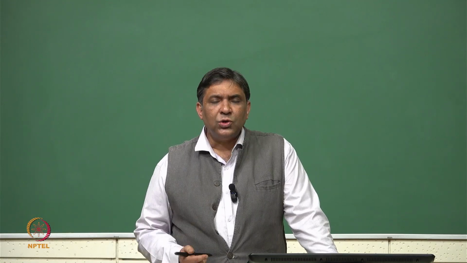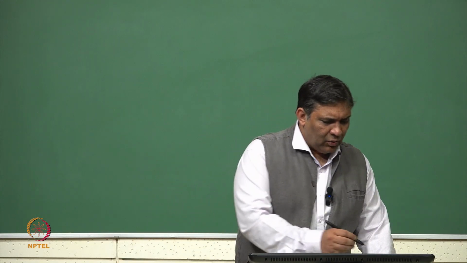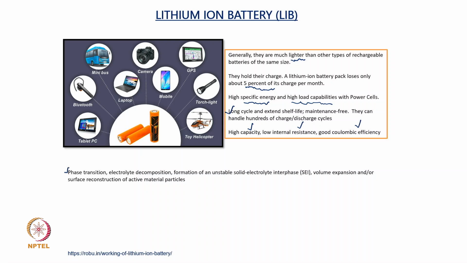Okay. So, the issues for commercial use that we need to know are phase transition, electrolytic decomposition, formation of an unstable solid electrolyte interface. These are a few important aspects: volume expansion, anode surface reconstruction, and active material properties.